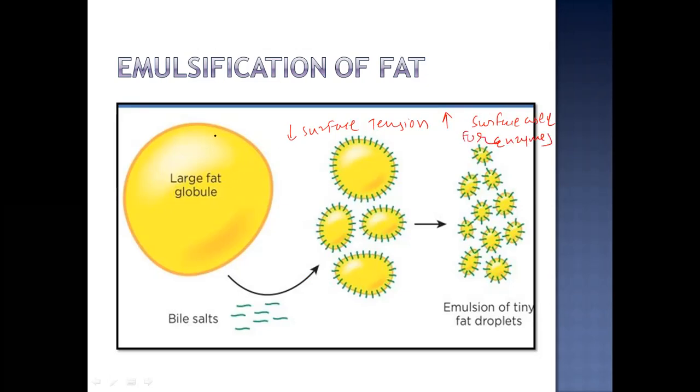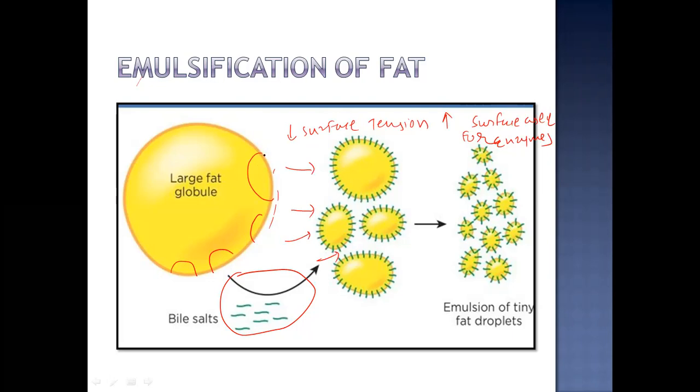So here, suppose this is a large fat globule. Our bile salt will act on this, and they will convert this large fat molecule into small globules, something like this. So this fat globule ultimately will be converted into small fat globules like these. Because of that, the surface area for the enzyme to work gets increased.